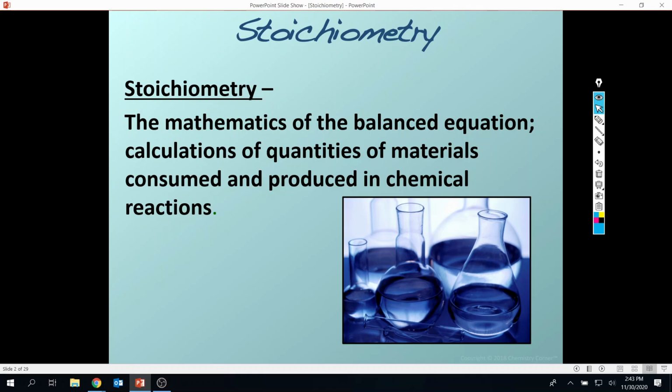I would say the mathematical relationship between reactants and products, or between any two parts in the reaction. So the mathematical relationship between compounds in a chemical reaction. And it's just basic algebra. It's the same conversions that we've been doing. Let's press on and see what we can learn.